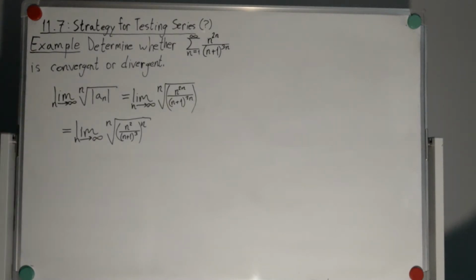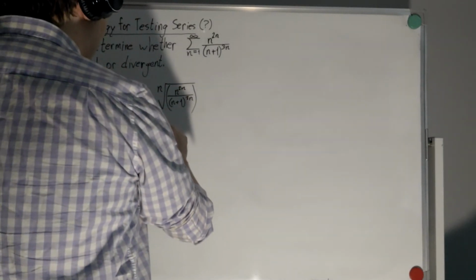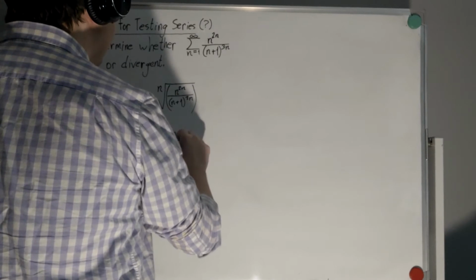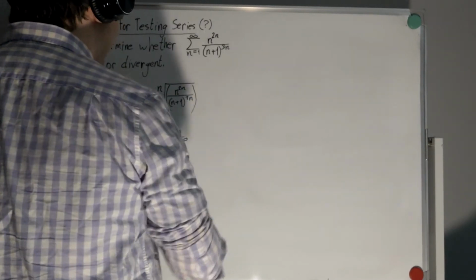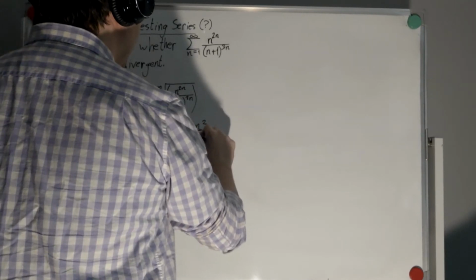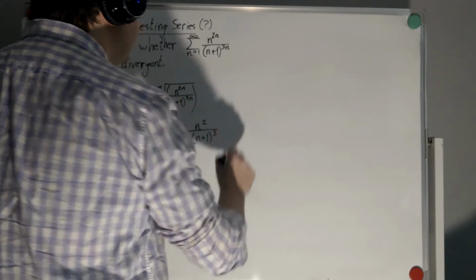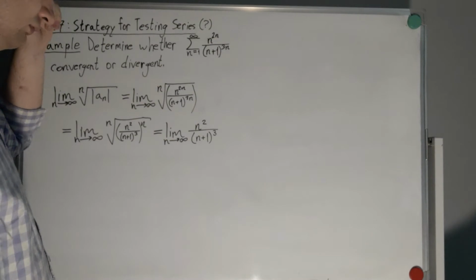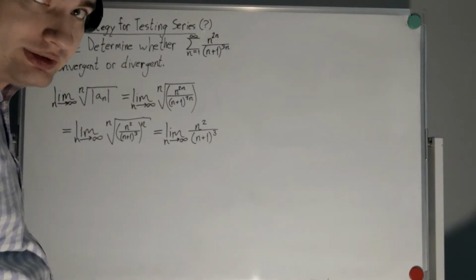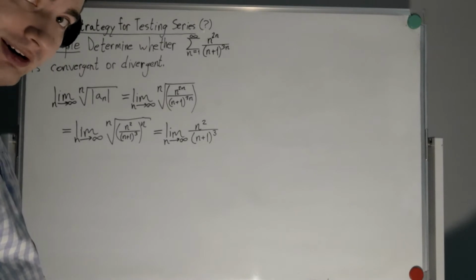If you take the nth root of something raised to the nth power, those two things are just going to cancel each other. So we'll just get the limit as n approaches infinity of n squared divided by n plus 1 cubed. The easiest way to do this limit is to divide top and bottom by n squared.